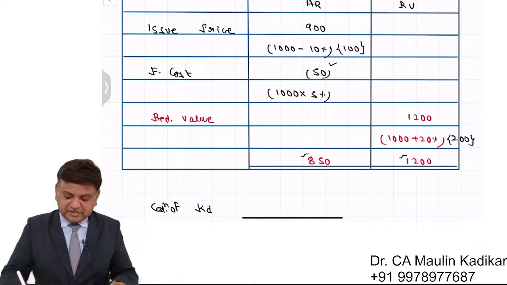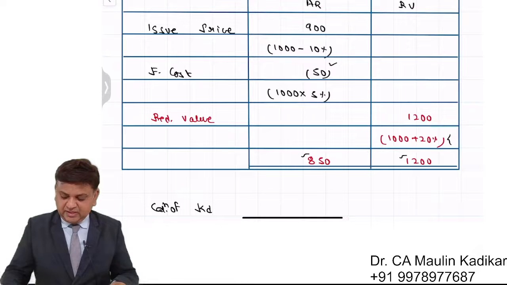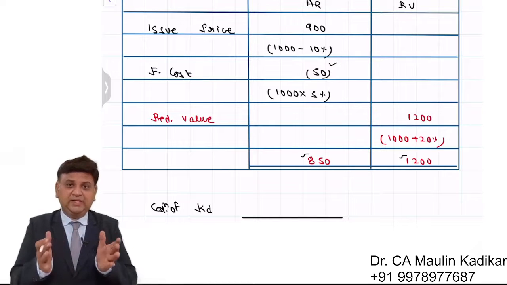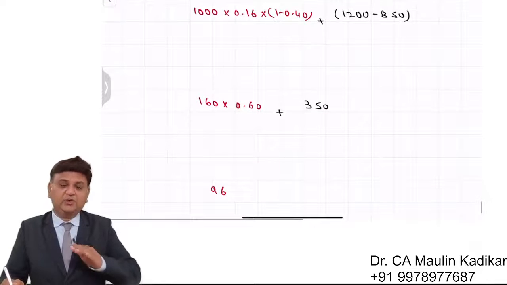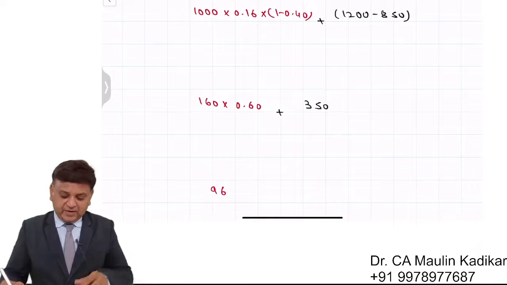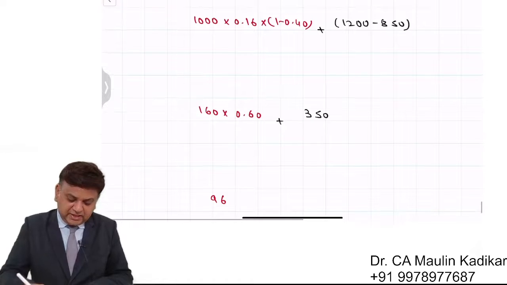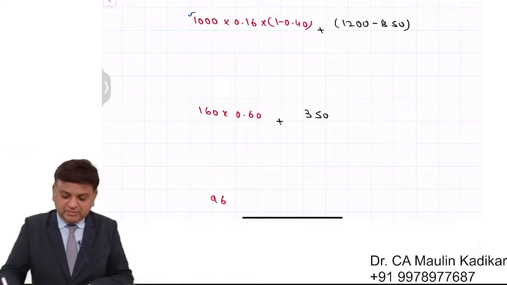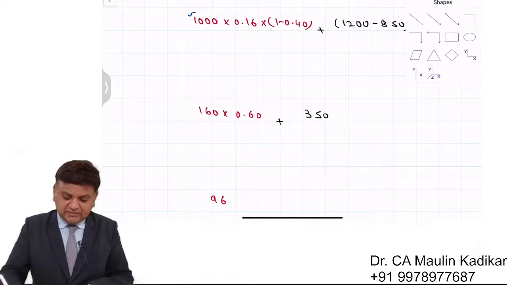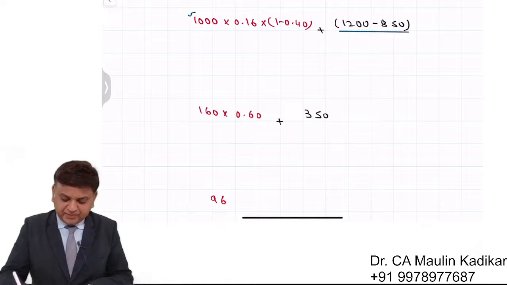Whatever these expenses we are incurring, these expenses are over the time period of 10 years. So what we are doing is converting it into annualized term. Why? Because this interest into 1 minus t is in annualized term. So redemption value minus amount received divided by number of years. That is the way it is converted into annualized term.